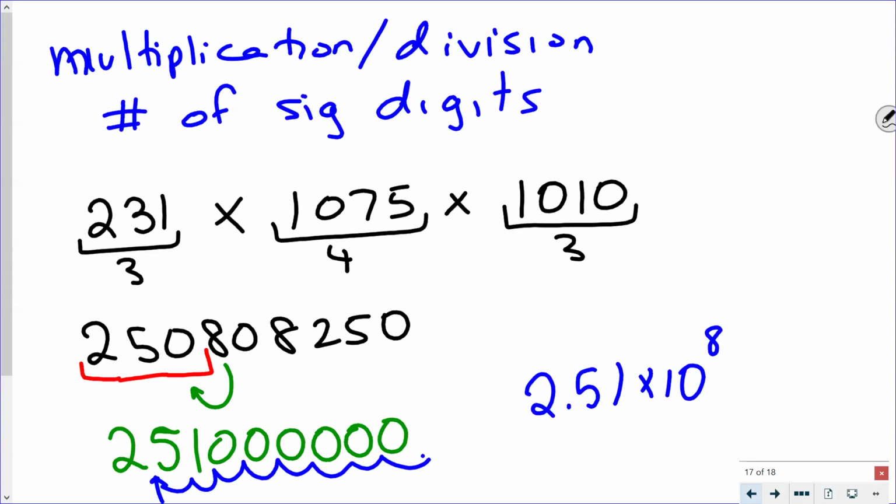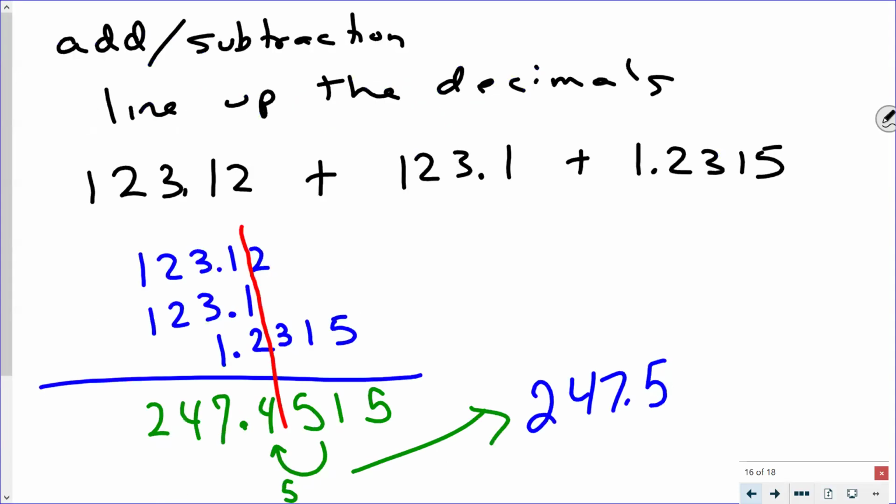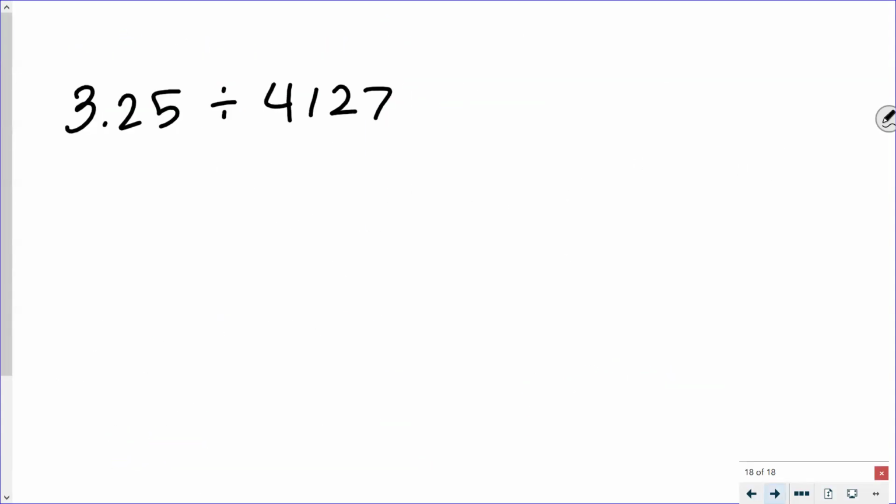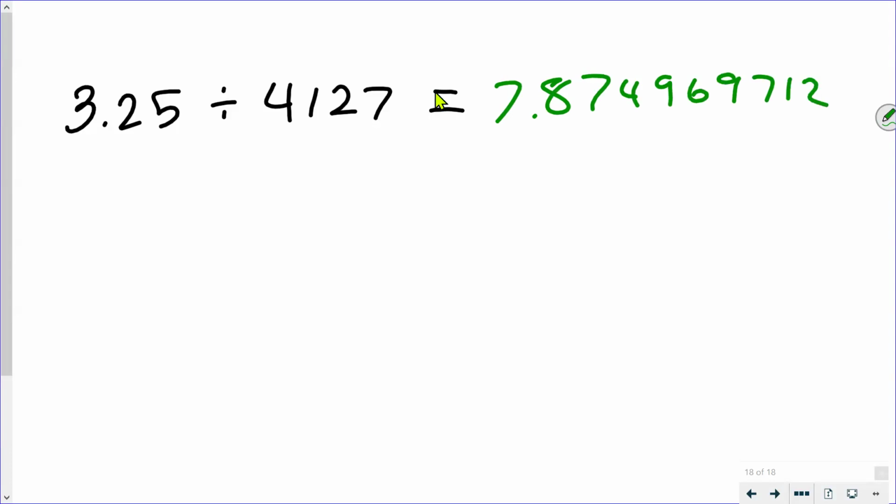Or we can go back to the last one, the additions, or subtraction. All right, give me an answer. 3, 5. Yeah, I got a really long number. It's 7.87 4969 712 times 10 to the 4th power.